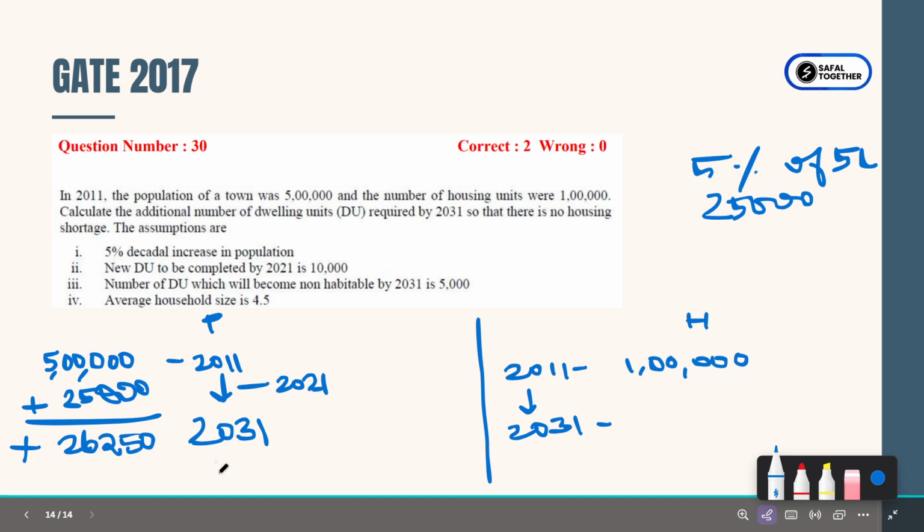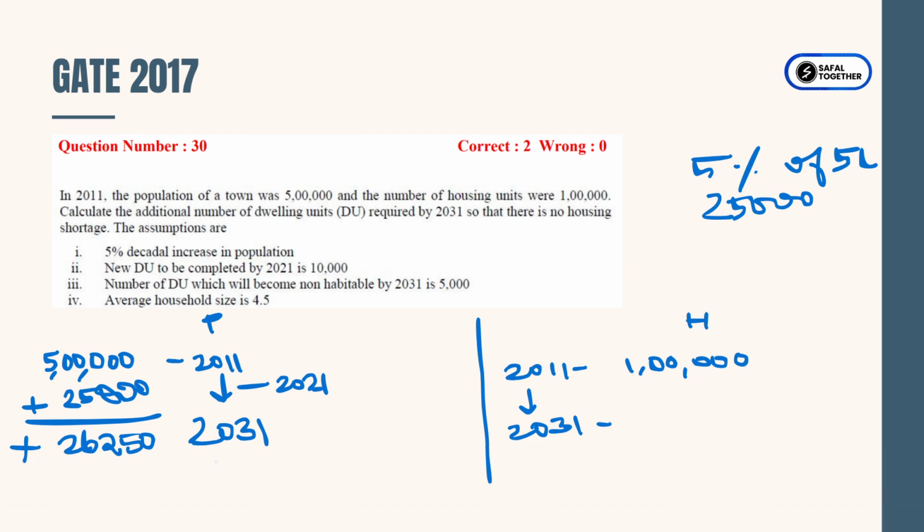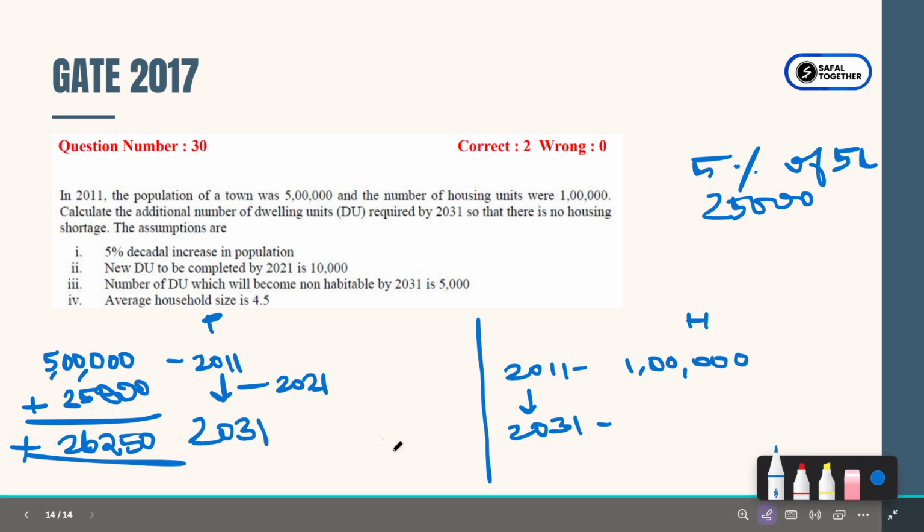So plus 26,250 gives 5 lakh 51,250. Now we know the total population in 2031.